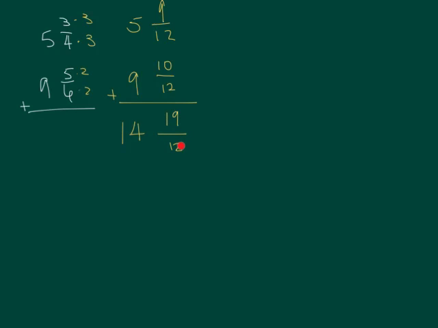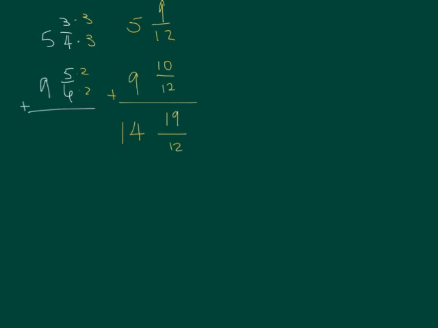You can never have a mixed number where the fraction is improper. You have to have a mixed number that is proper, where the top number is smaller than the bottom number. All that means is that you're not done. It doesn't mean you did anything wrong, it just means we're not quite done yet.